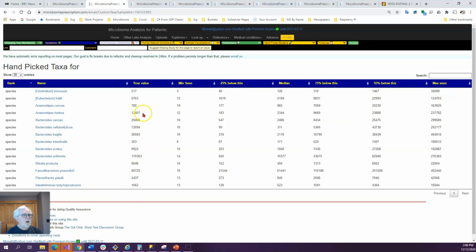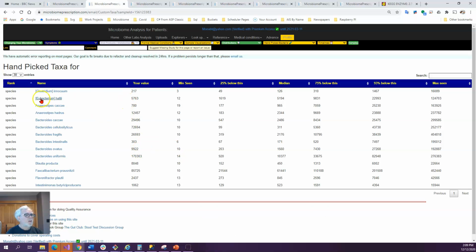For example, let's take a look at one of the main culprits, which is Uniformis. We have 170,000, and as you see, 93% of people have less than 82,000, and we are double that. We are not at the max here, but we are pretty high, so we have a very high level of that particular bacteria, which resulted in the enzyme shifts.